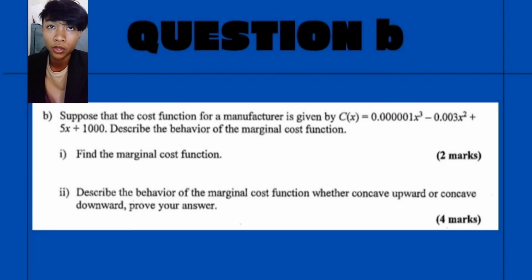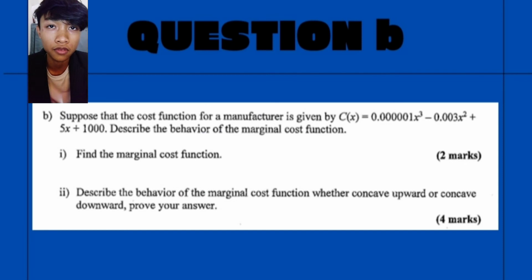Moving on to question B. Suppose that the cost function for a manufacturer is given by the cost function C(x) equals 0.000001x cubed minus 0.003x squared plus 5x plus 1000.